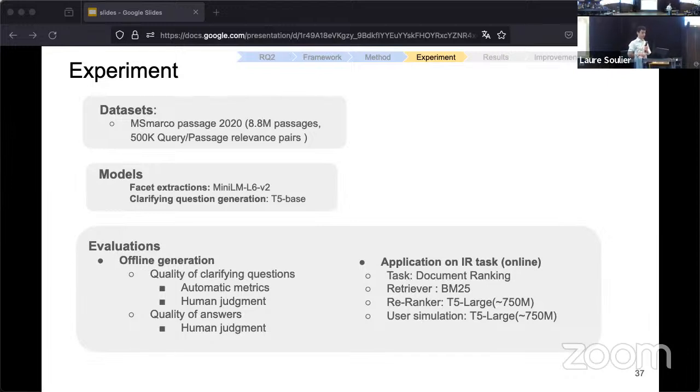So we evaluated the quality of interactions generated offline using automatic metrics on the ClarQ dataset, but also using human judgment on the generated clarifying questions of MS MARCO. And lastly, we wanted to see if these synthetic data were actually useful for an IR task. So we considered a ranking task, and we trained a ranking model additionally with the augmented data.